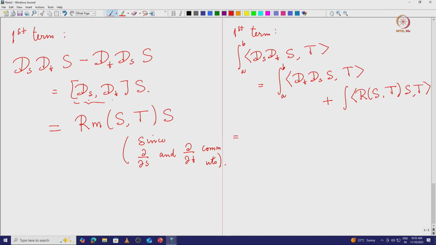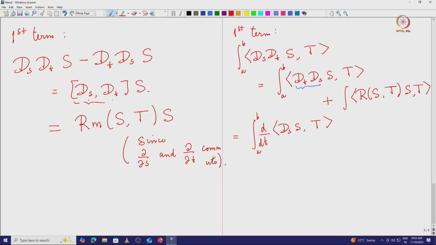So for the first part, I now pull out, this is the standard trick, I pull out this ∇_t out common. I write this as d by dt of ⟨∇_s S, T⟩.